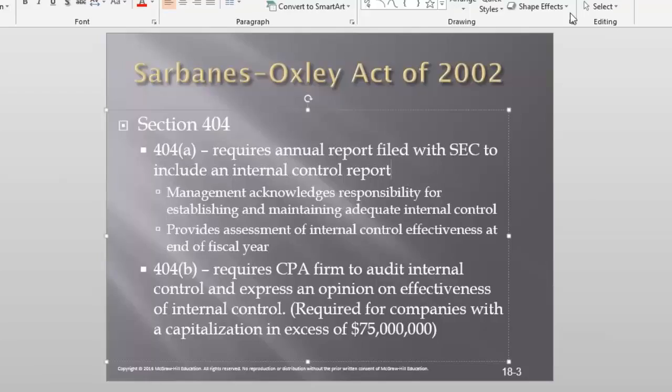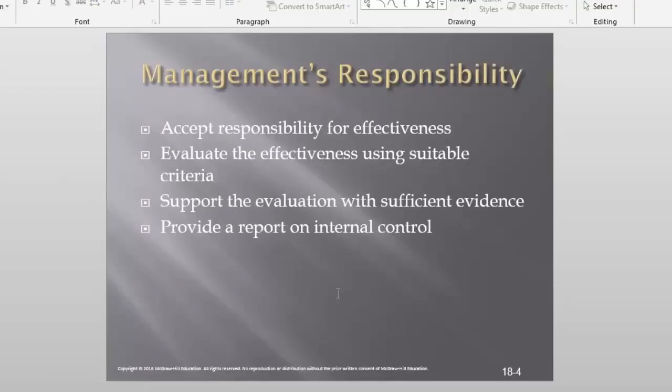Okay? So what else is required? In 404B the CPA needs to audit the internal controls and express an opinion. This is required for companies with a capitalization in excess of $75 million.